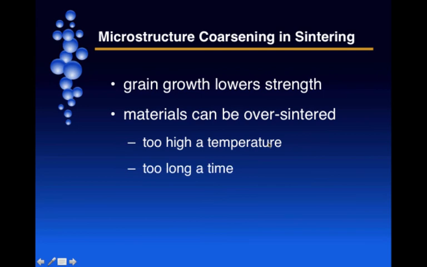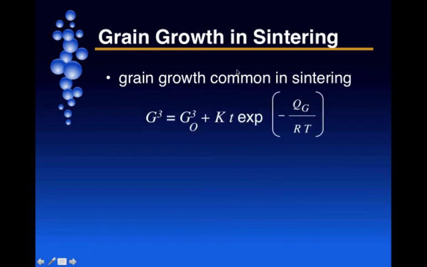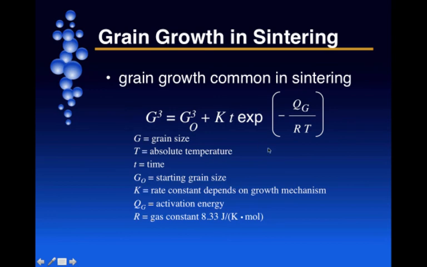Right? And so you want to make sure that you understand for a given material how that sweet spot for sintering emerges. As shown in this equation, G0 being the initial grain size, small t being the time, capital T being the temperature, you have a grain growth that depends on time and temperature.